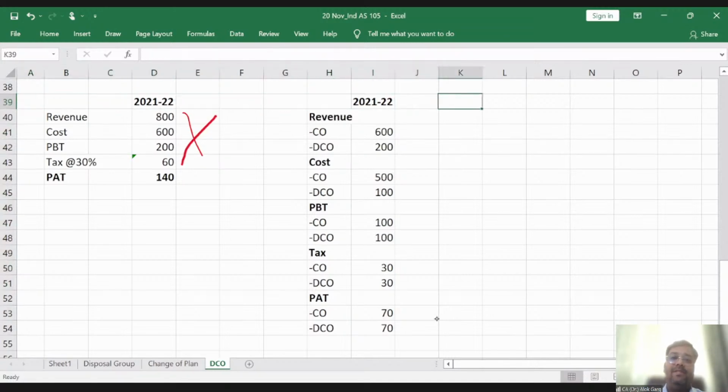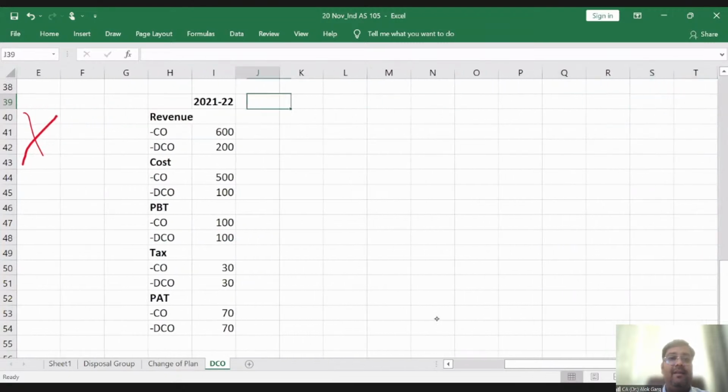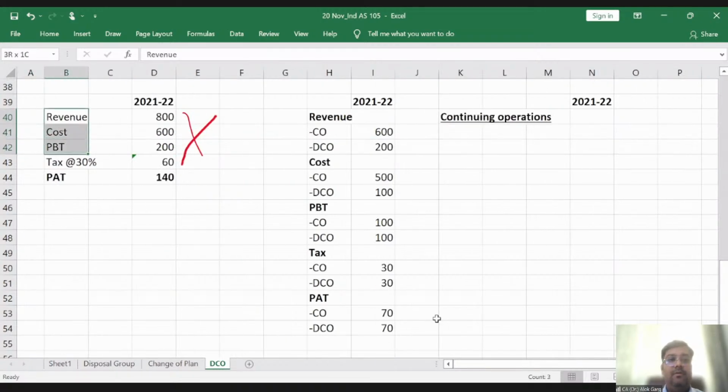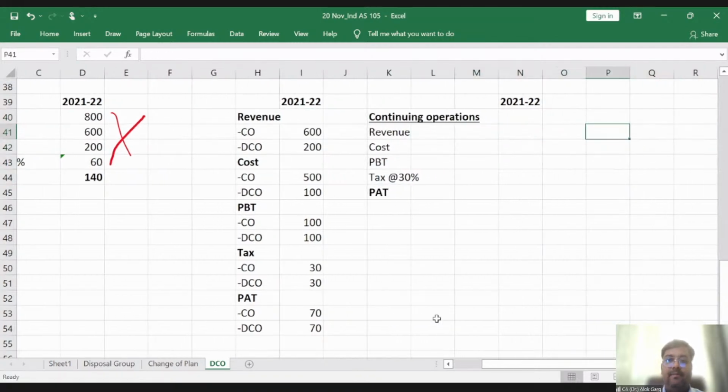Now I'm giving you another presentation, and let me know if you find this much better. Continuing operation: revenue, cost, PBT, tax. 600, 500.